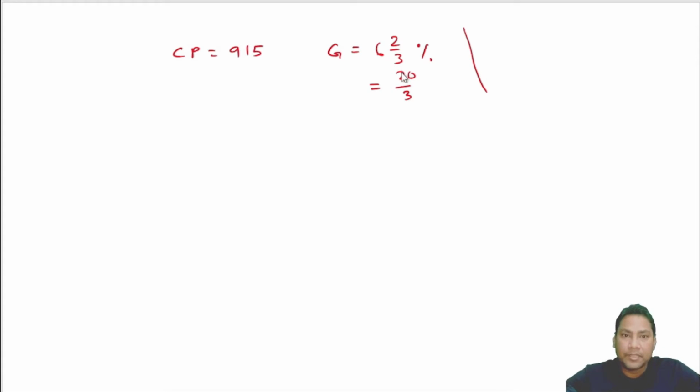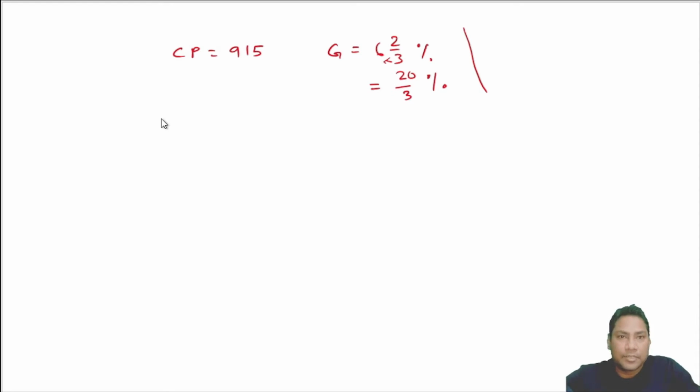For simplifying the fractions and finding the complete value of a number, the rule is to multiply the full number by the denominator and add the remaining number. That is, we will multiply first 6 and 3, that becomes 18, and we add 2, this becomes 20, divided by 3. This is 20 divided by 3 %.